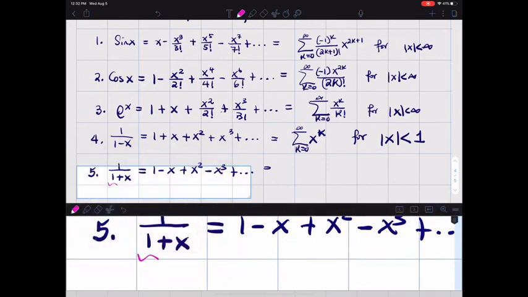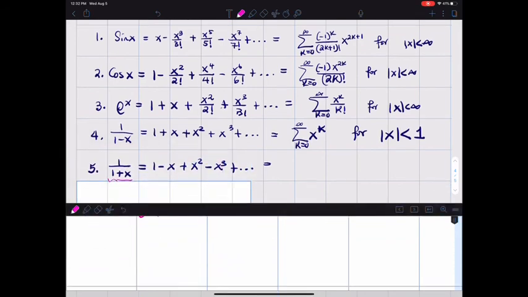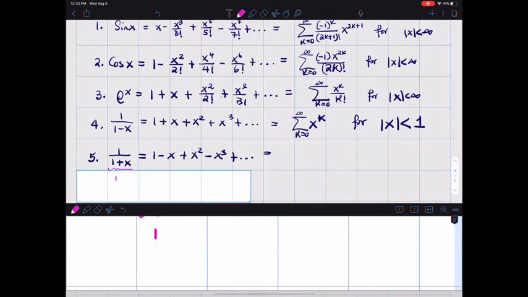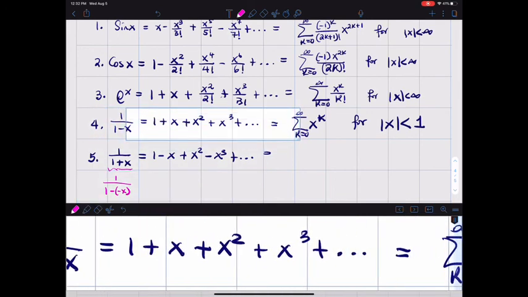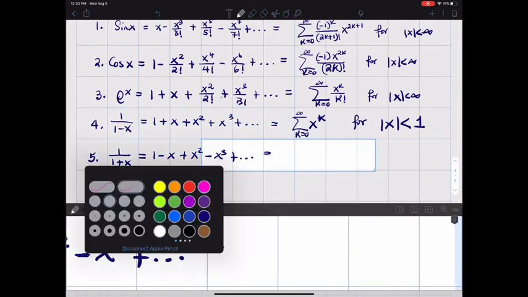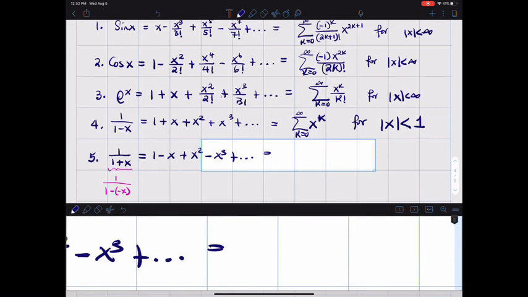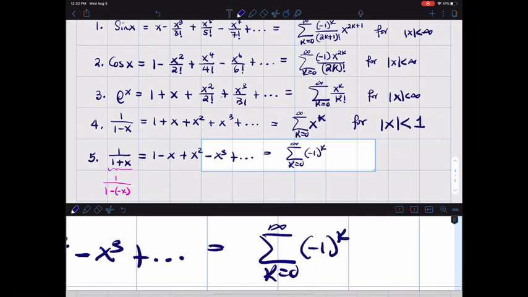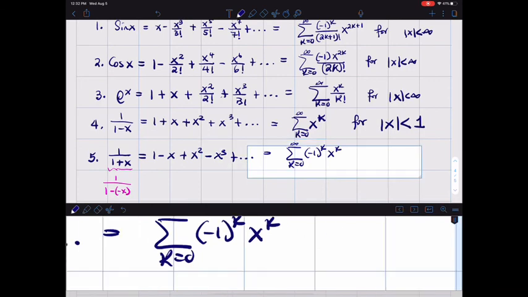This can be written as 1 over 1 minus negative x. So if you just replace all the x's with negative x in number 4, you get the series for 1 over 1 plus x, and this is the summation k from 0 to infinity of negative 1 to the power of k, x to the power of k, and this is for absolute value of x less than 1.